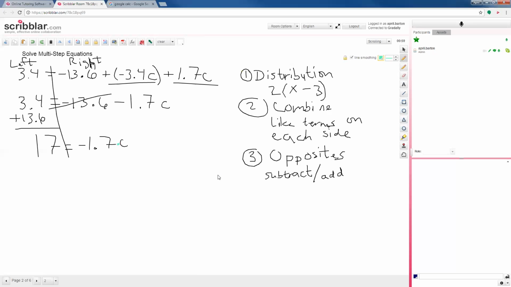They assume you know when there's a number touching a letter, it is multiply. So we actually want to do the opposite of multiply, but it's hard to remember because the thing we see is negative, and our brain wants to say positive. But instead, we have to do the opposite of multiply. So what's the opposite of multiplication?